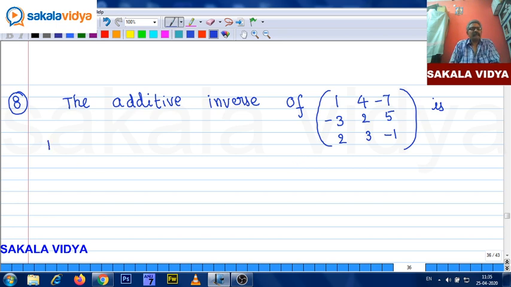First option. The answer is only one step, but I need to write all the options. This is a very difficult task for me, but your task is very easy. You are very lucky persons. First option: 3 2 minus 5, 2 3 minus 1.